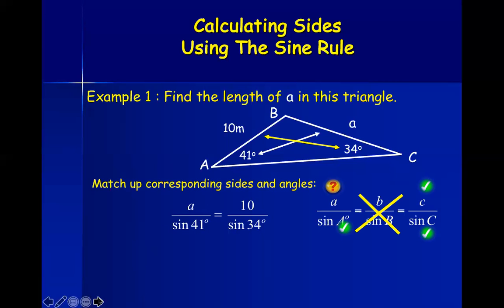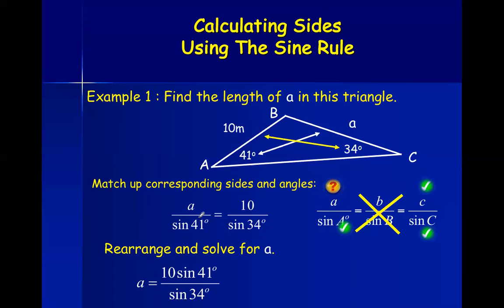Remember, at the end of the day, what I'm looking for is a. So if you've got a number, let's say we had x divided by 2. To get rid of the divide, what did we do? We multiply, the opposite of dividing. So you need to multiply by sine 41 on both sides to get rid of that sine 41. Remember, sine 41 is just a value.